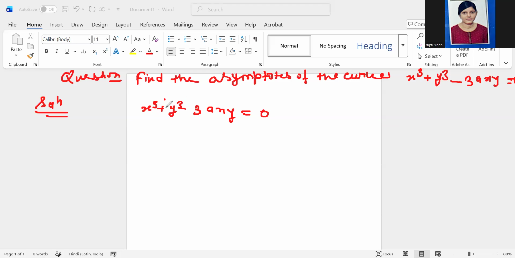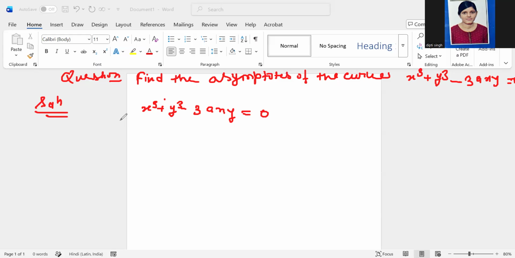So just think. If the coefficient of the highest power of x is constant, then there is no asymptote parallel to the x-axis. Likewise, if the coefficient of the highest power of y is constant, there is no asymptote parallel to the y-axis.